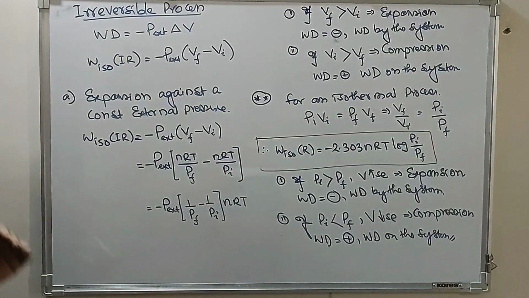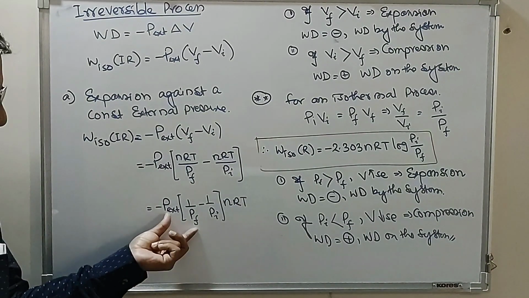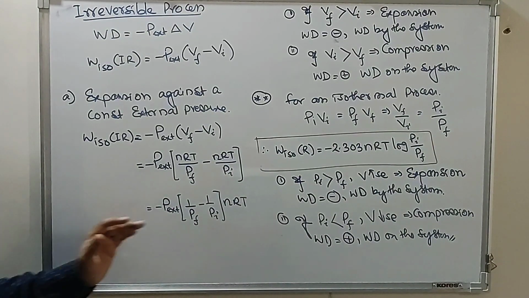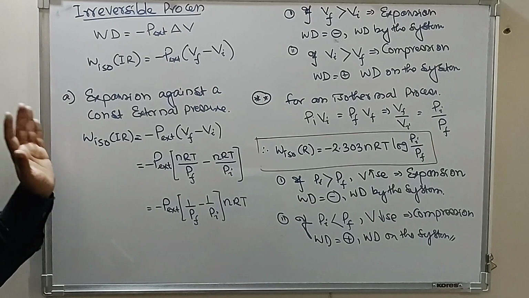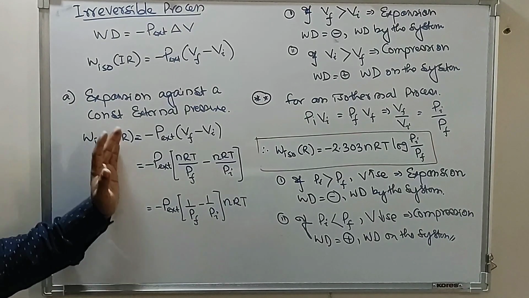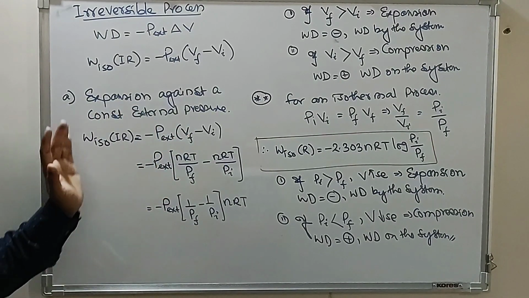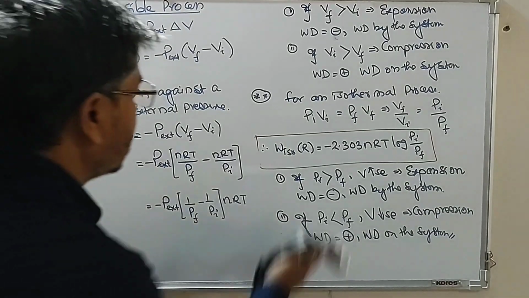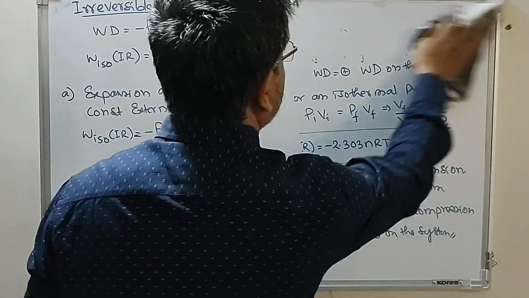Now this expansion will stop when the final pressure equals the external pressure. So this is for irreversible expansion against a constant external pressure. Or we can also define this irreversible work for a free expansion.